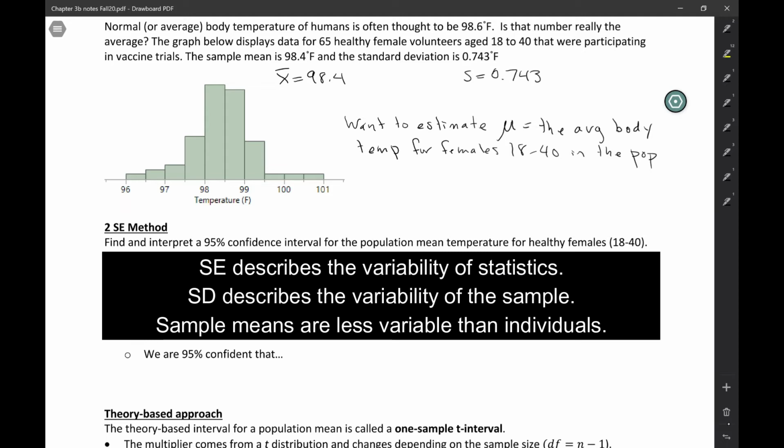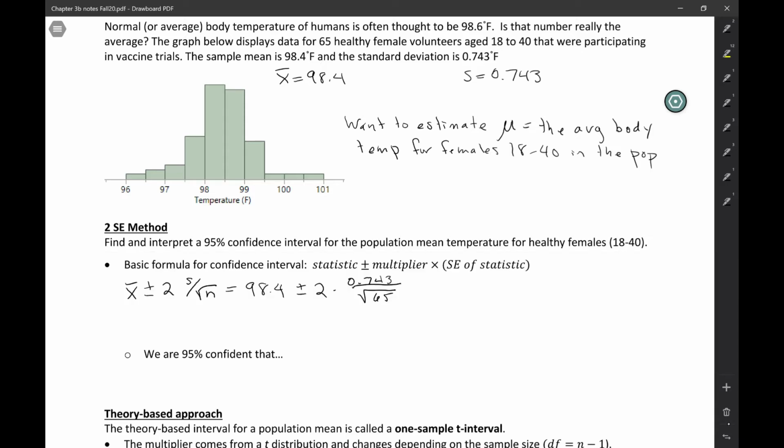So remember, when we talk about the standard error, that doesn't describe the variability of the sample, that describes the variability of the statistic. And the sample mean is going to be a lot less variable than the population overall, right? So you might have one healthy person who has a body temperature of 100 degrees, whereas if you take 65 healthy people and calculate an average, it would be extremely unlikely to get an average of 100, right?